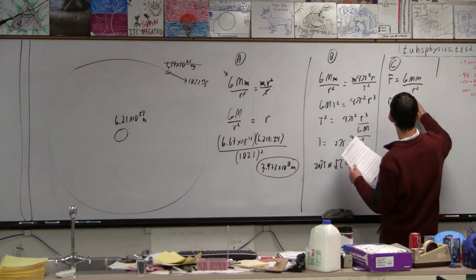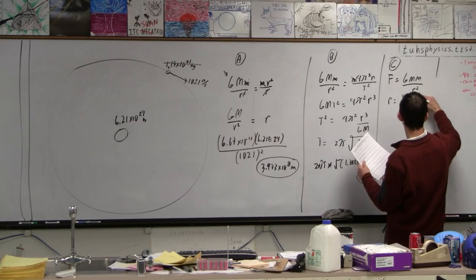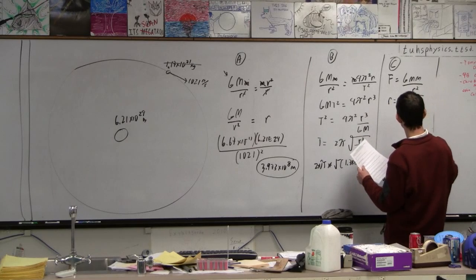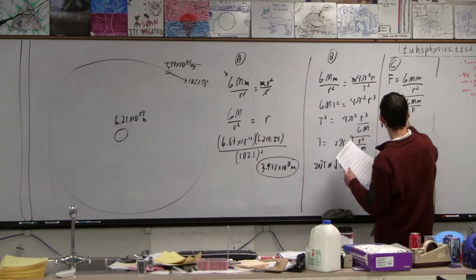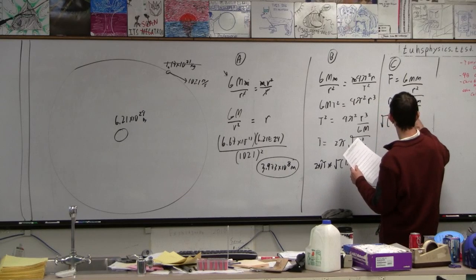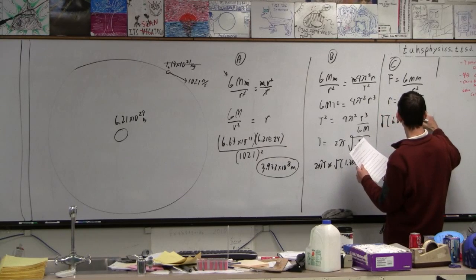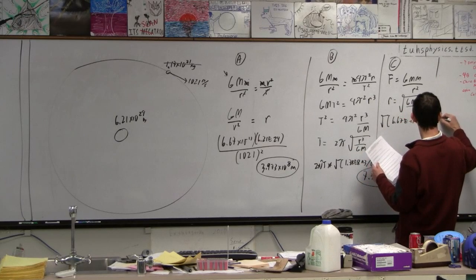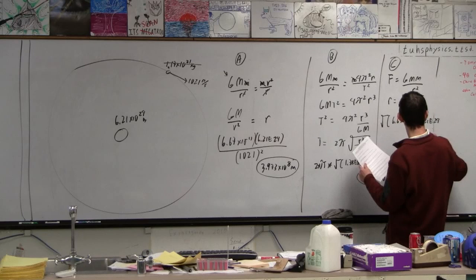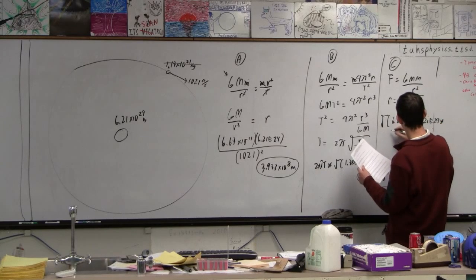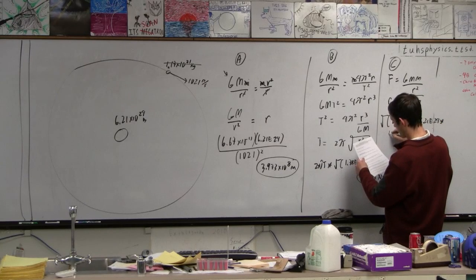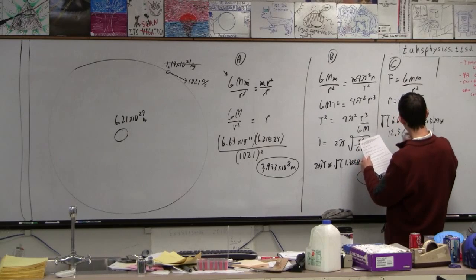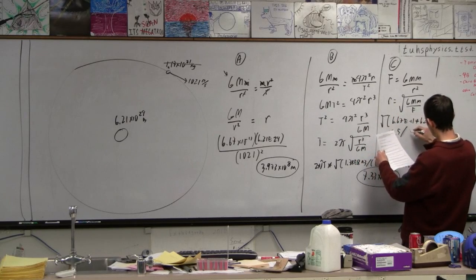R is going to be the square root of G M M over F. So that's going to be the square root of 6.67 E minus 11 times 6.21 E24 times the other mass, which is 12.5, and then we have to divide by the force, which is 104.